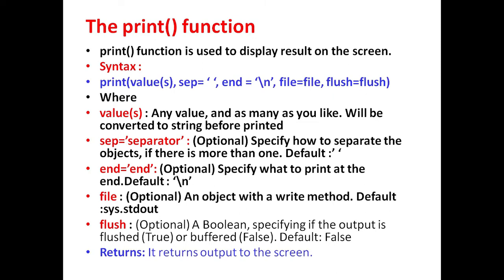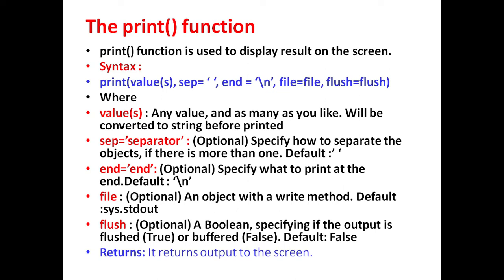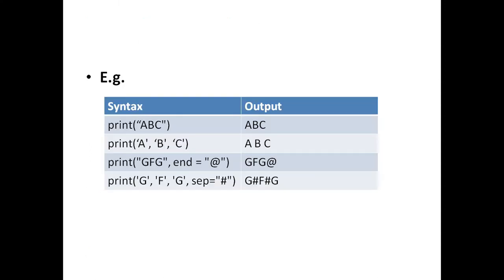File is also an optional object with a write method. The default is sys.stdout. Flush is a boolean value which specifies if the output is flushed or buffered. The default is false. This function returns output to the screen. For example, if we use print("ABC"), the output will be ABC.